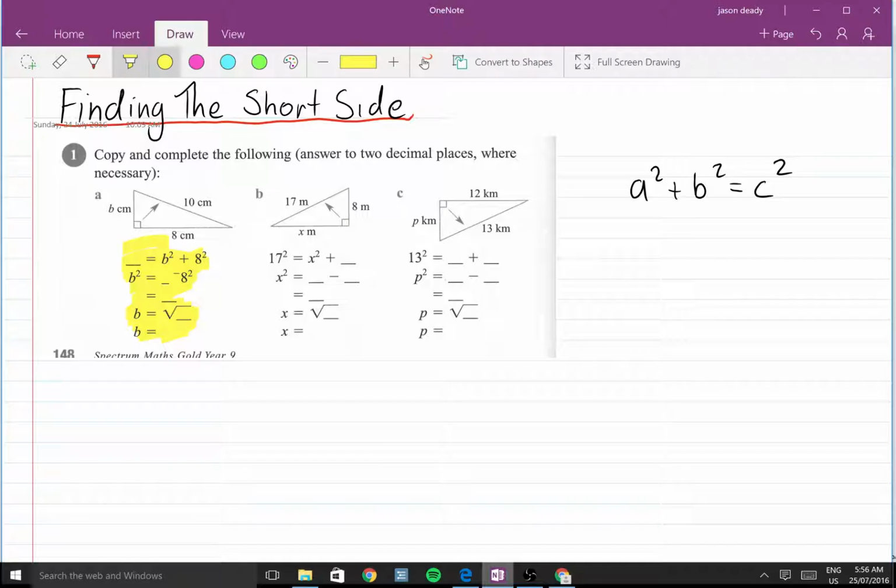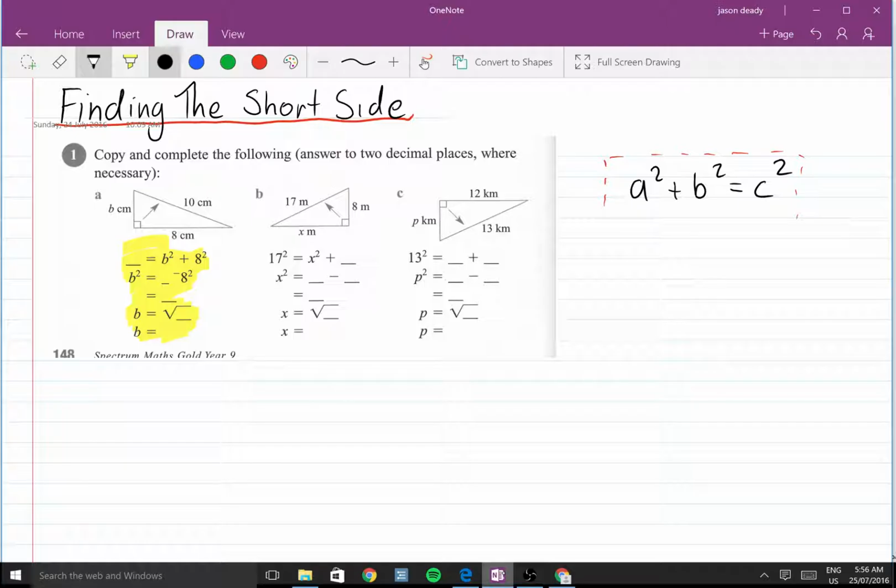So with Pythagoras' theorem, we've been using a squared plus b squared equals c squared. In order to find the short side, we need to change that a little bit.